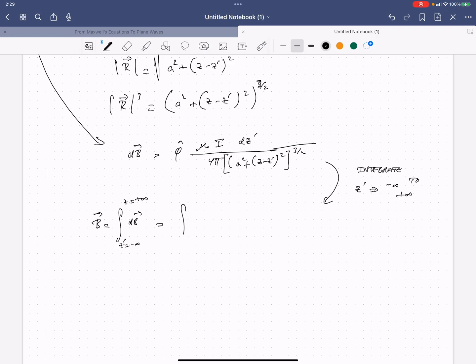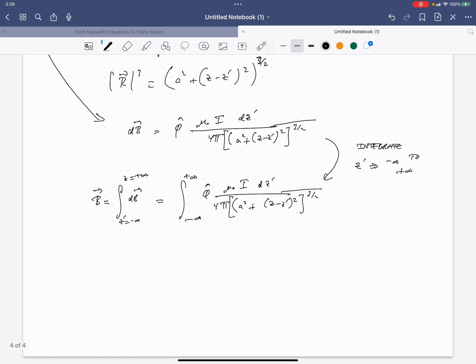That's equal to the integral from minus infinity to plus infinity of v hat mu naught I dz prime over 4 pi times a squared plus (z minus z prime) squared to the 3/2. So that basically gives us the magnetic field.